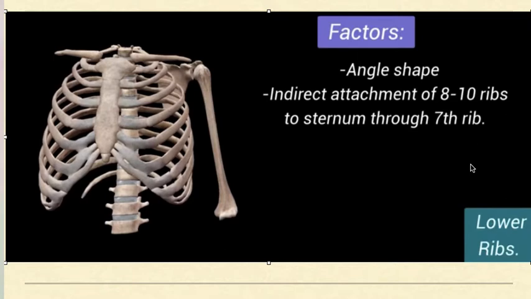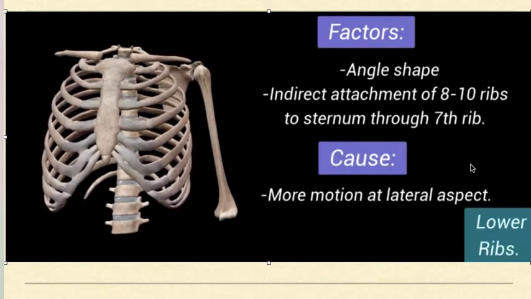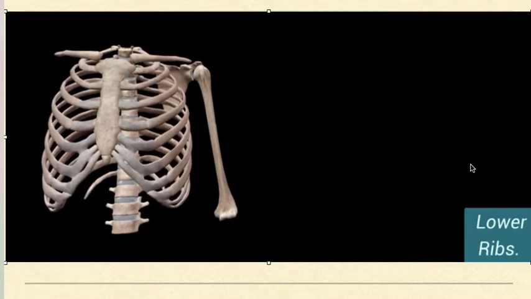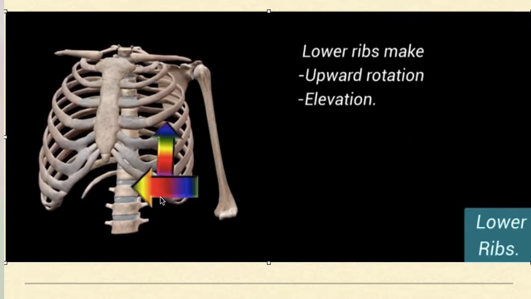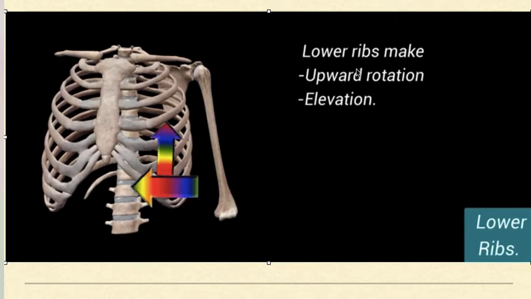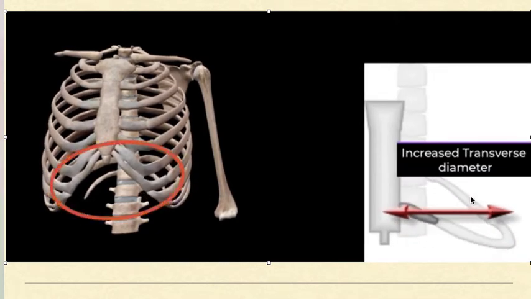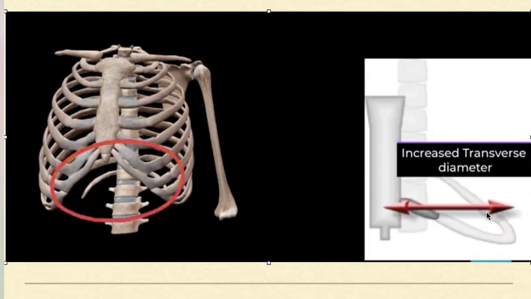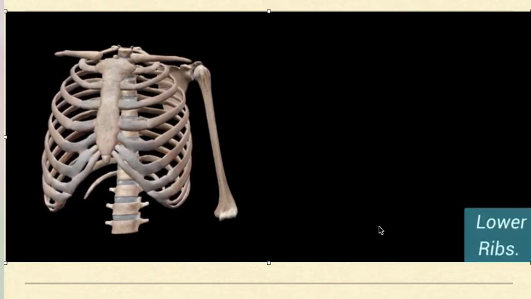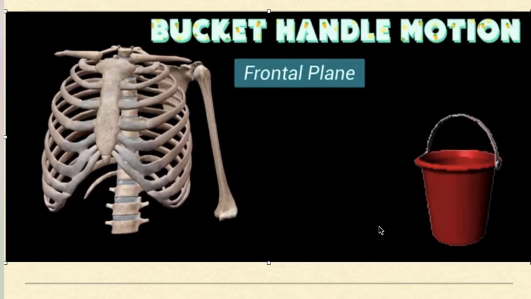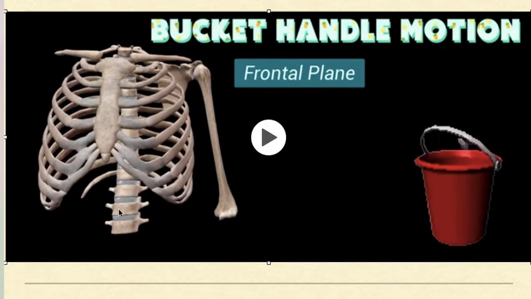These are the factors contributing to it, and there is more motion in the lateral aspect. You can see they're moving laterally. So lower ribs make an upward rotation and elevation like this, and in doing so they are increasing the transverse diameter, and this is your bucket handle movement. Okay, increasing the transverse diameter.